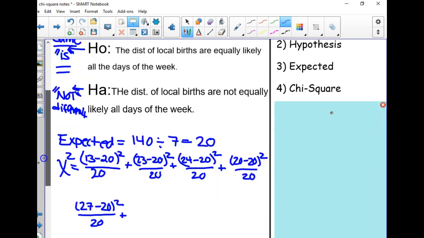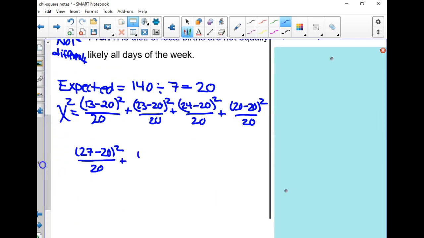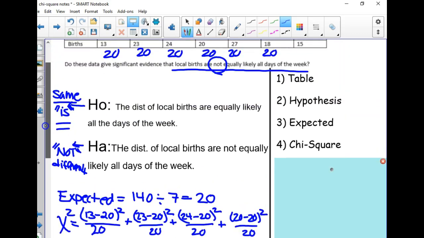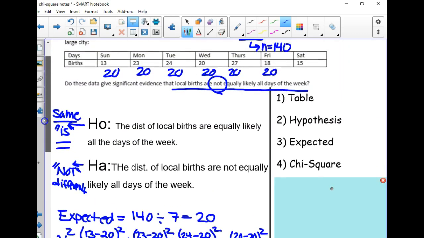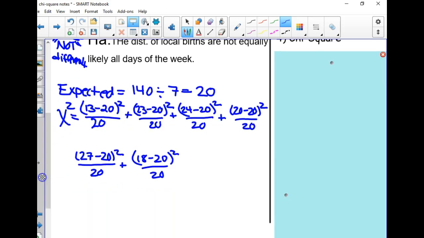Friday, 18 minus 20 squared divided by 20. And then Saturday, right? 15 minus 20 squared divided by 20.